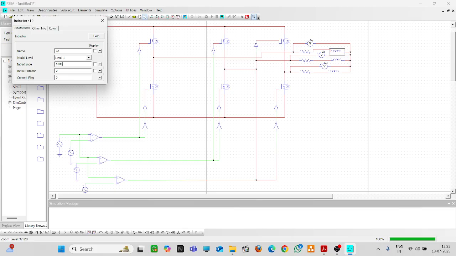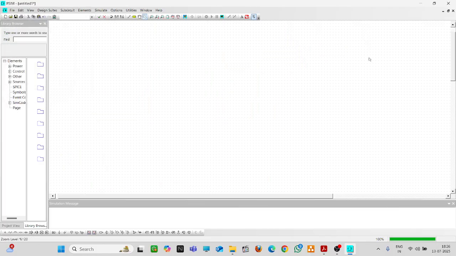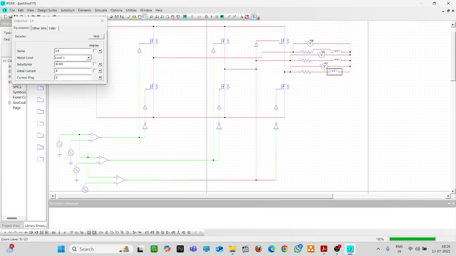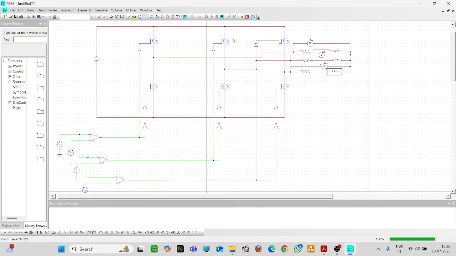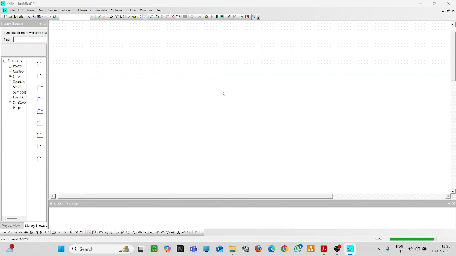You can write it in this fashion also. This is acceptable in MATLAB also. E minus 3, and this one is 100 millihenry. We will check whether the things are in the proper fashion or not.